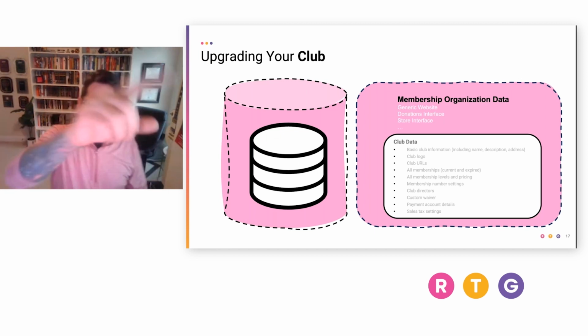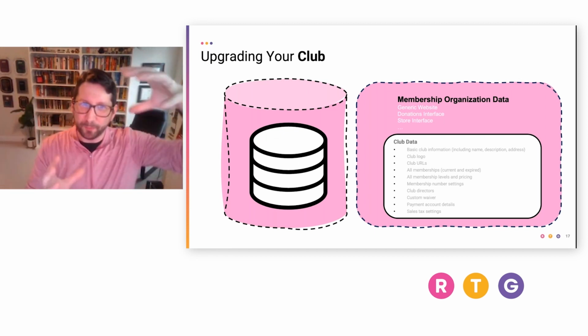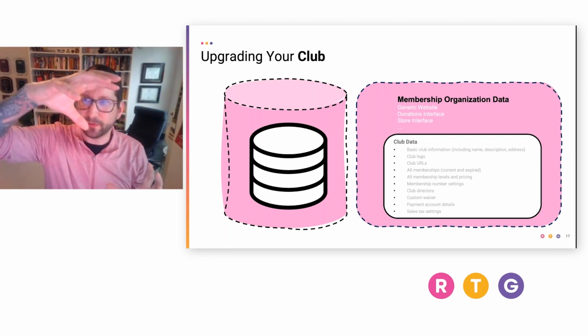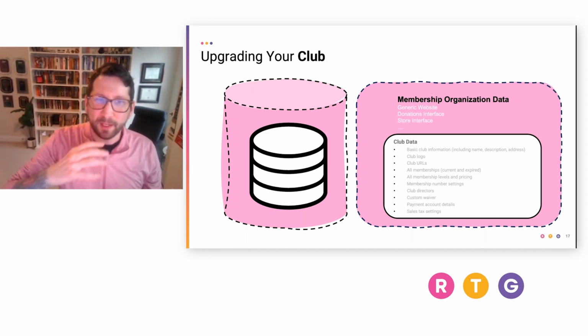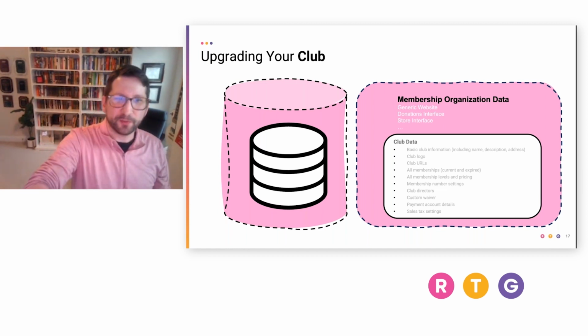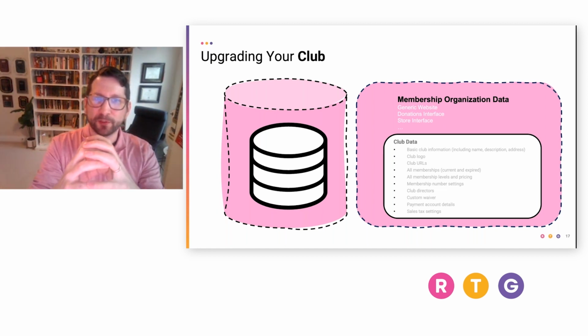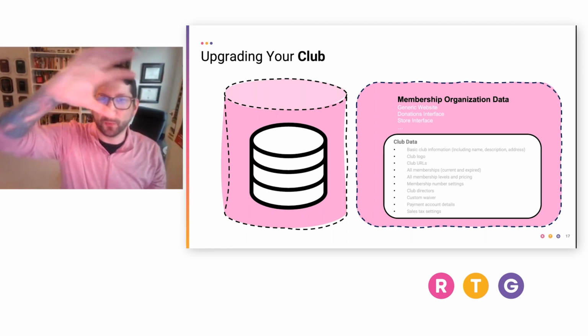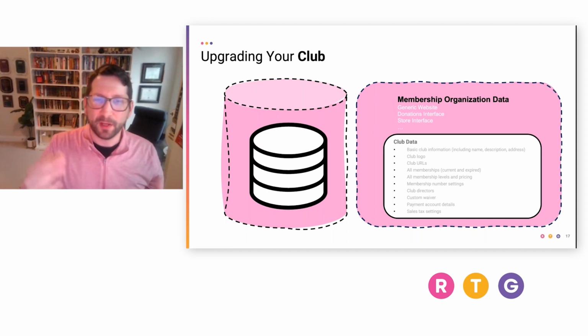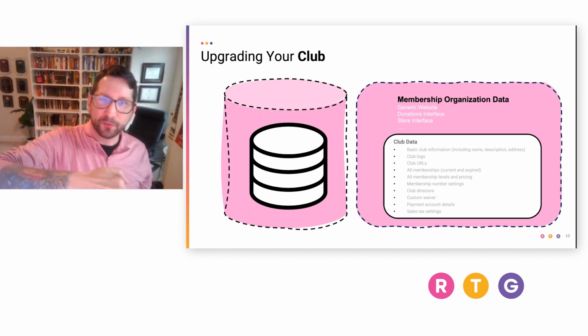So we drew this bigger system around it. That's the membership organization. What I'm trying to visualize here is that your club data is still there. We're just adding this stuff around it so we can interact with it better and do more with it.